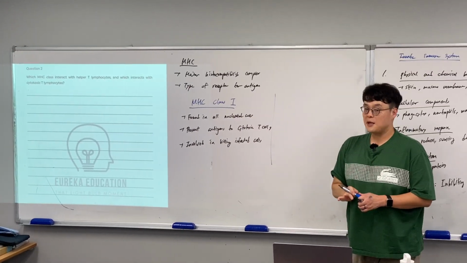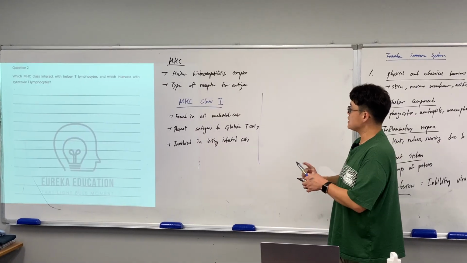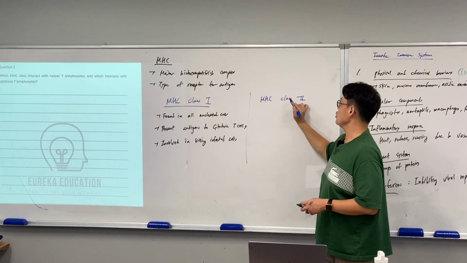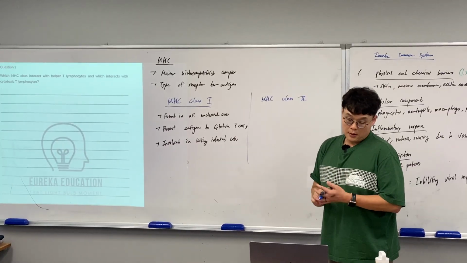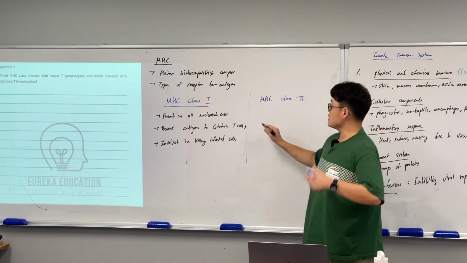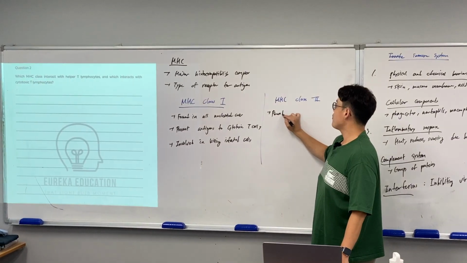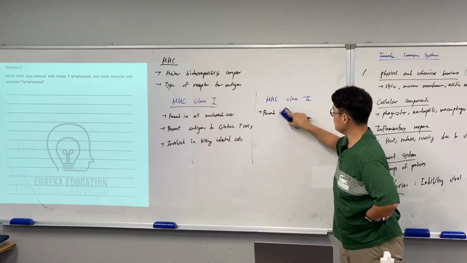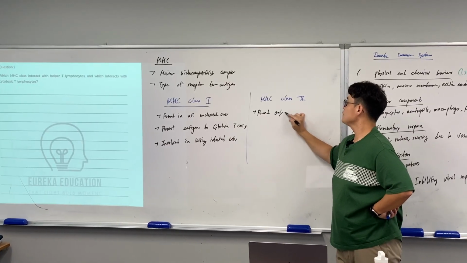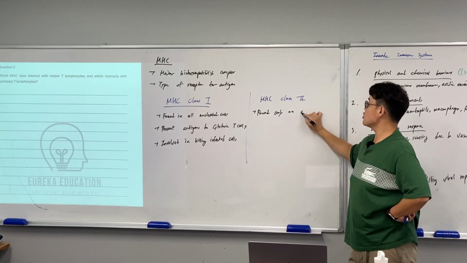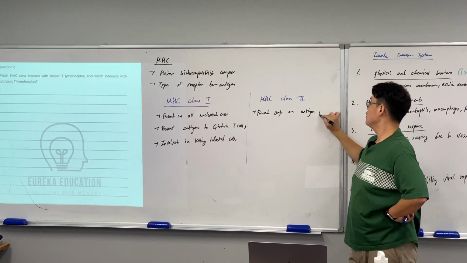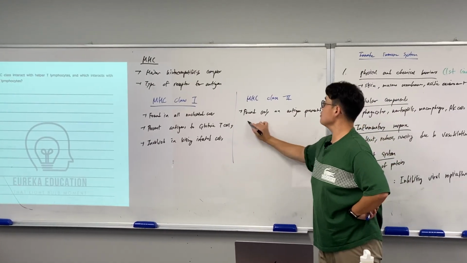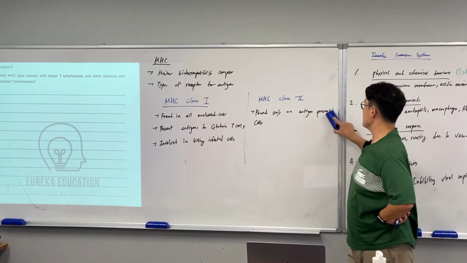The second type is MHC class 2 receptor. So where is it found? This is found only on the antigen presenting cells.